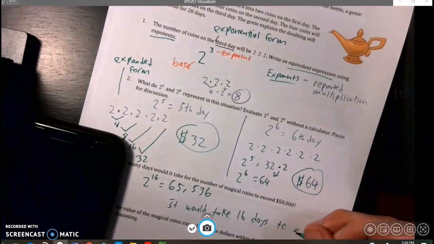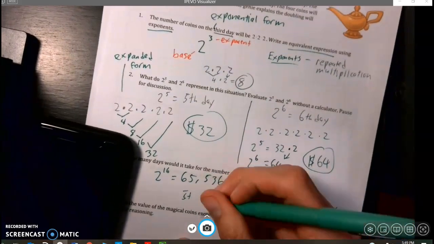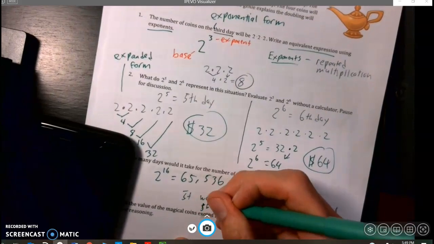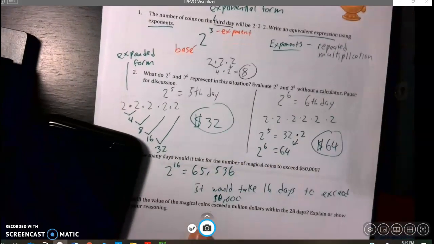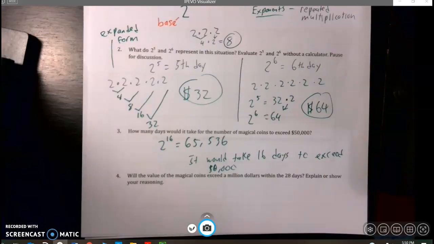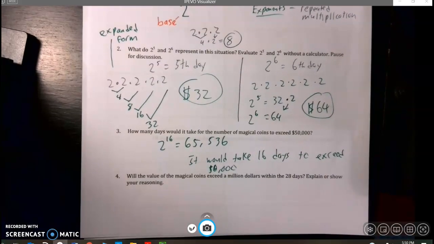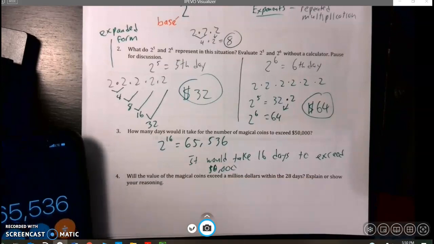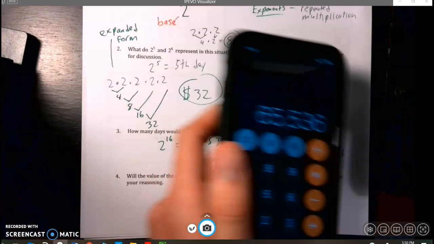To exceed, meaning be more than 50,000. So at this point, kind of thinking that maybe I should have taken that coin. And then it says, will the value of the magical coin go beyond $1 million within 28 days?